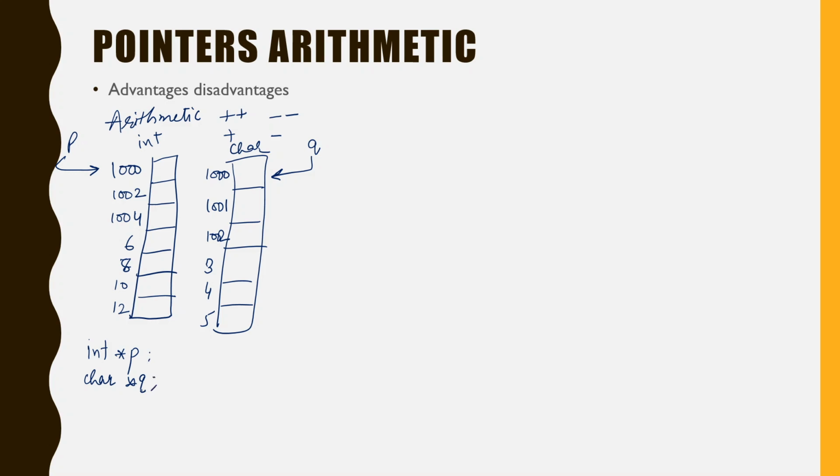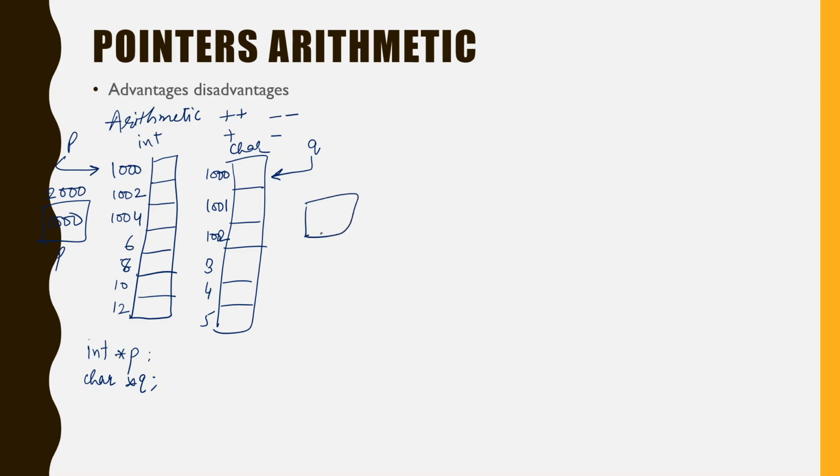Okay, these would be the two declarations. I will tell you the assignment later, how you are going to assign an array variable to the pointer. But right now just take for example that p points to 1000. It means there is a variable p, and it stores 1000 here, and its own address might be 2000.